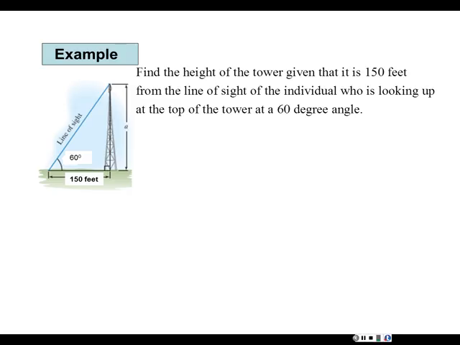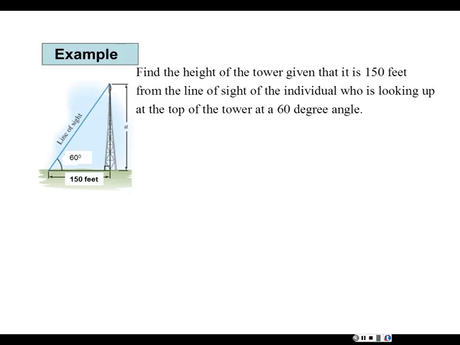Let's say we take tangent of theta. At this point, theta is 60 degrees for us. So we'll take tan 60 degrees, and tangent is defined as opposite over adjacent. So here the opposite is A, and the adjacent is 150 feet, right?